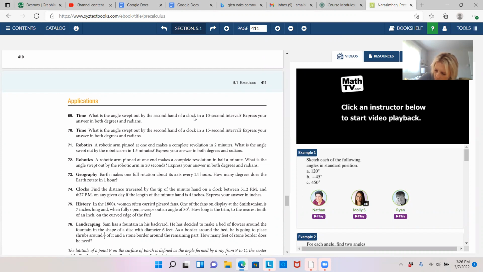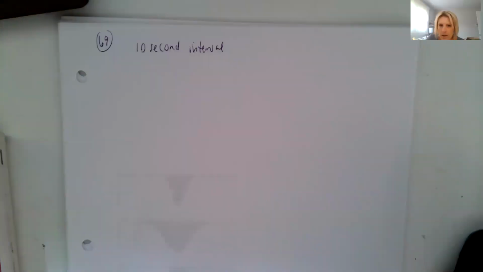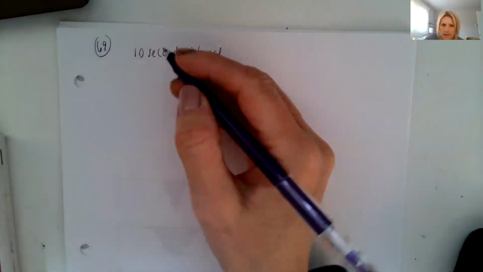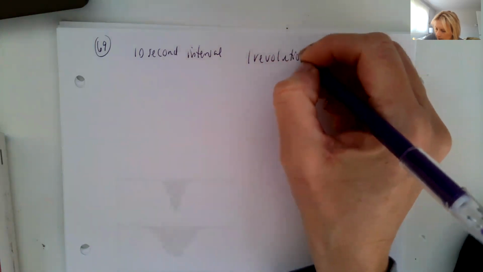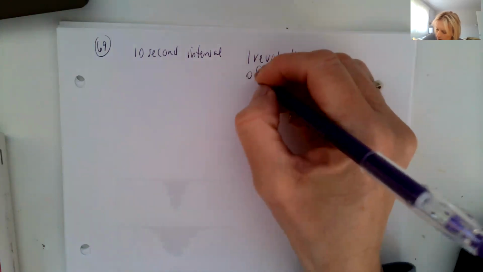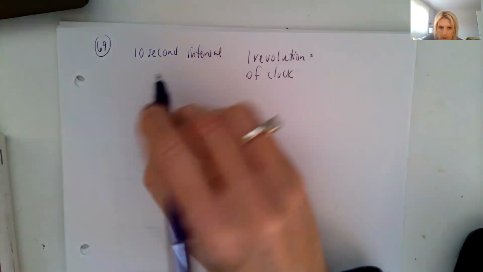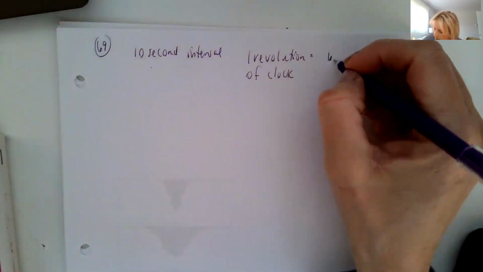So if we think about what 10 seconds is out of a full revolution, let's go back to our paper for a minute, so you can see how I'm thinking about this. So we have to think about what 10 seconds is. If we think about 1 revolution of the clock, if we keep it in seconds, it's going to be 60 seconds.